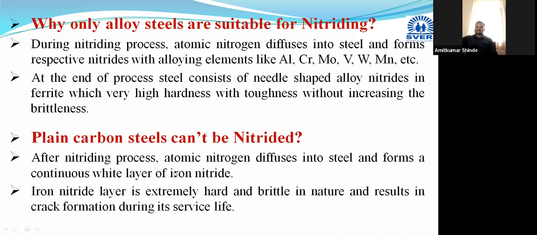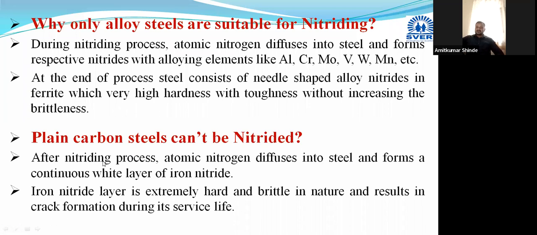In plain carbon steel only iron nitride formation takes place, and one white layer is formed on the surface. This iron nitride layer is extremely hard and brittle in nature, and due to this, during the service life crack formation will occur, and that component may fail during the service life.